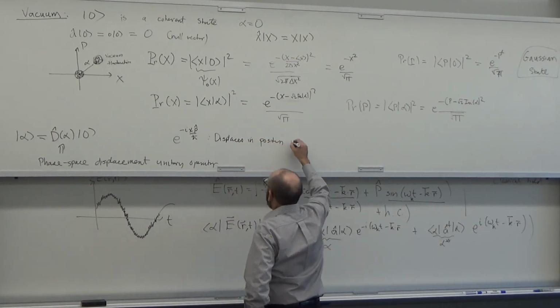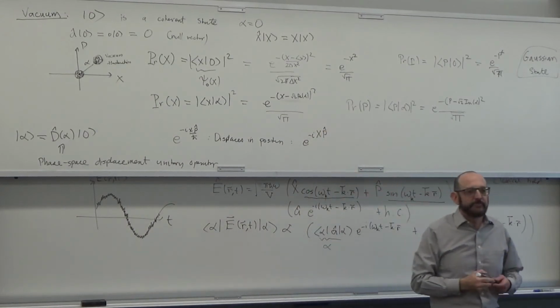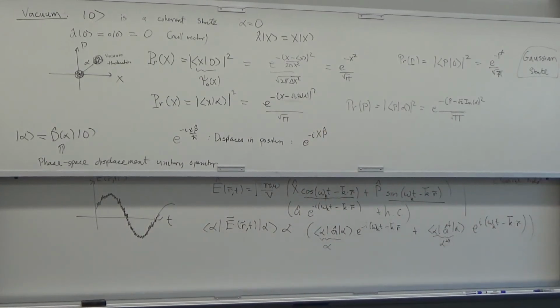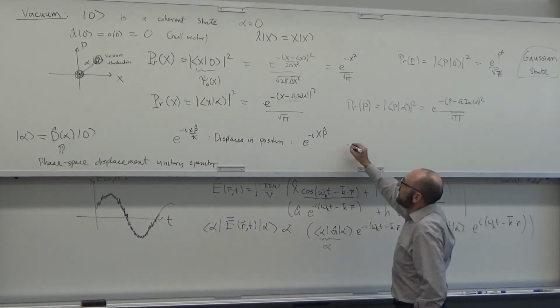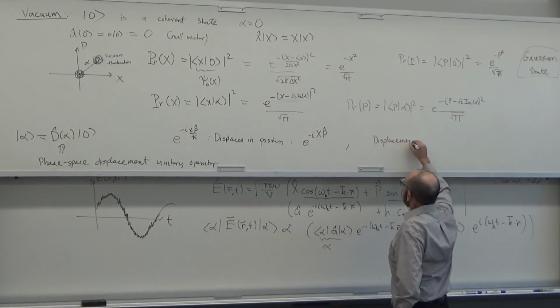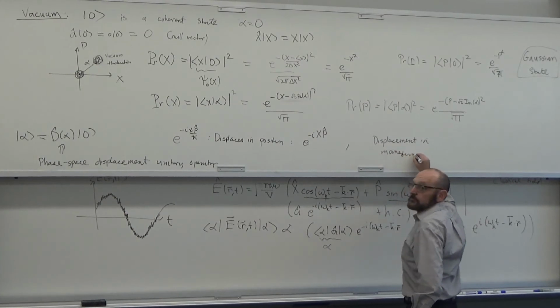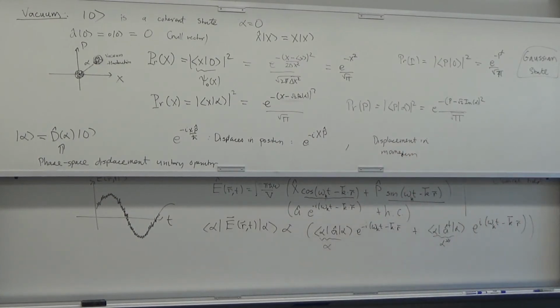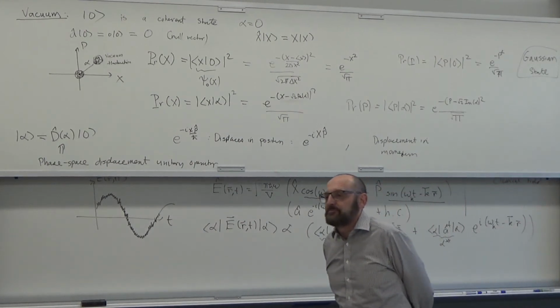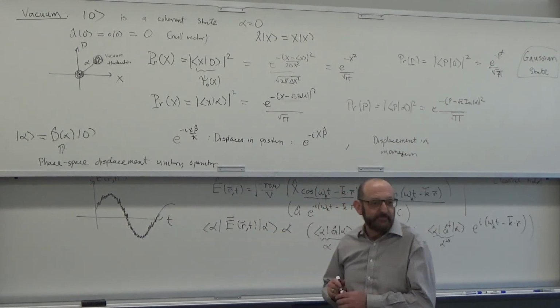And if I write this in dimensionless notation, it's that. Getting rid of the characteristic units. What about a displacement in momentum? What is the generator of displacements in momentum? Position, with the minus sign.